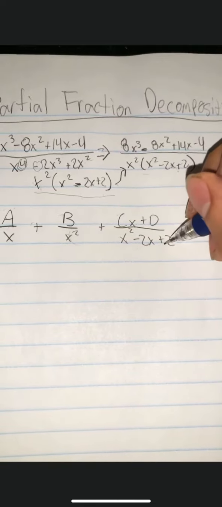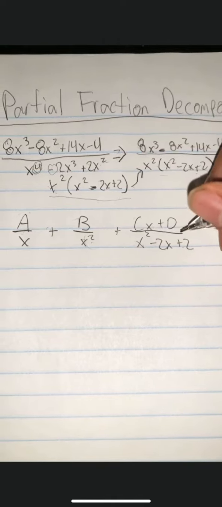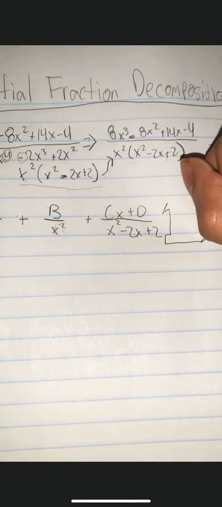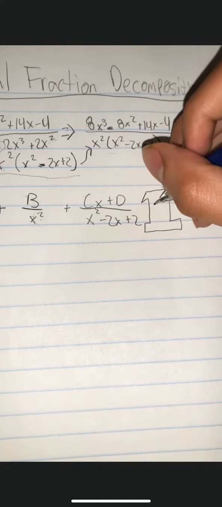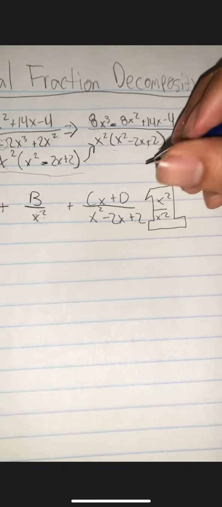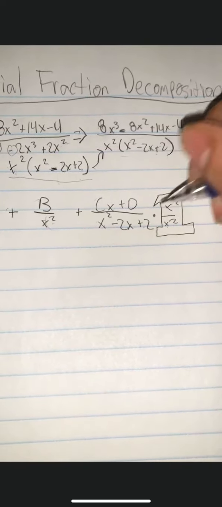What this is missing is an x squared. So we have to multiply it using a special form of 1. We will multiply it by x squared over x squared, because that's what it's missing. And anything over itself is 1. So that's what we did here.